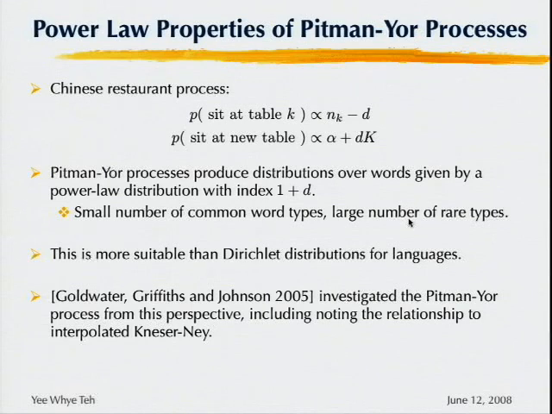So basically, there are two effects here. One is that there's a small number of common word types, and the second effect is that we have a large number of rare words, right? And this, in fact, produces a power law type of behavior, which is more suitable for languages because it does correspond to languages pretty well.